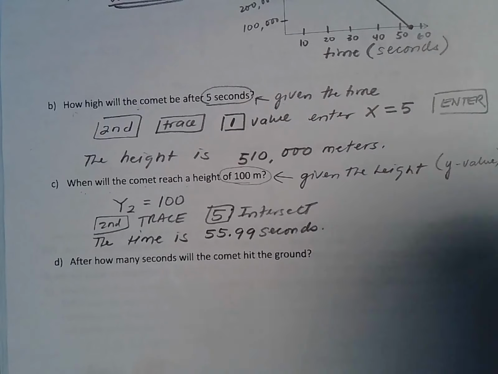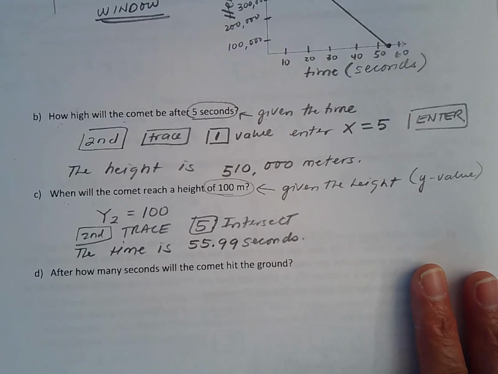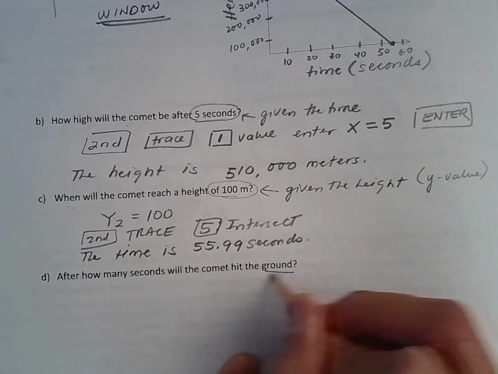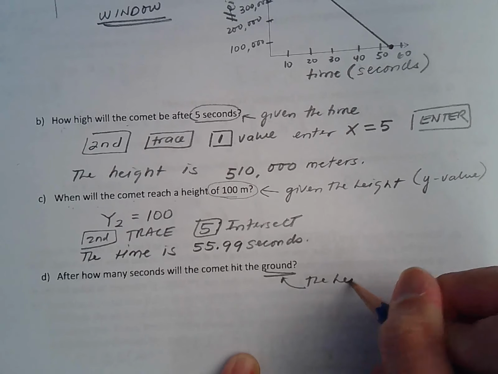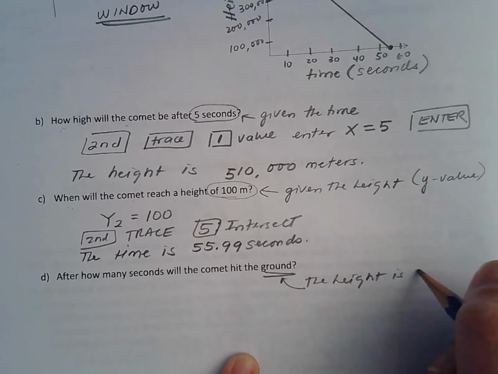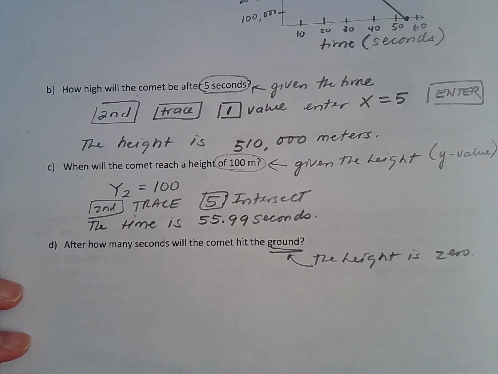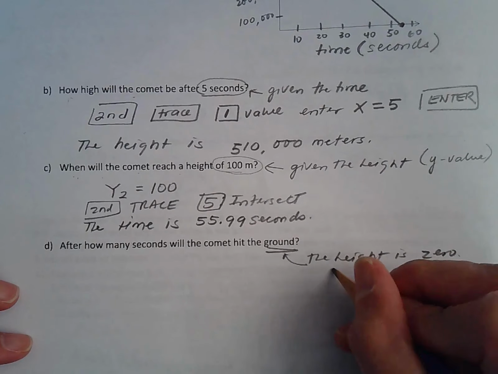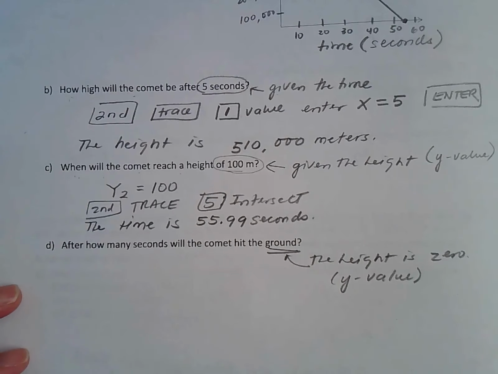Well, what does that mean? When something is on the ground, that means the height is 0. So the height is 0. So the height is a y value. So in this case, the y value is given.